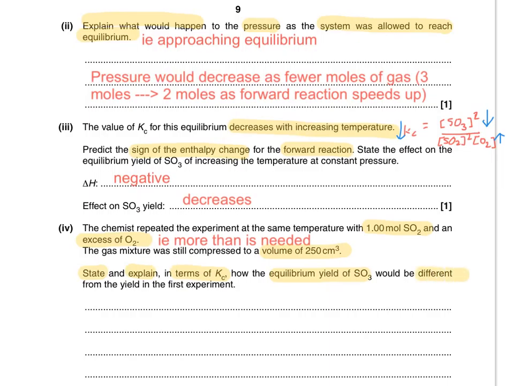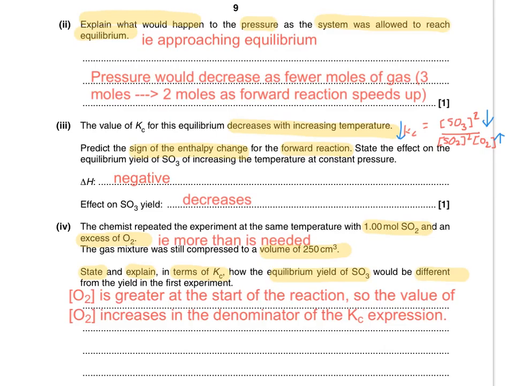So to start off, you need to talk about the oxygen concentration because it's obviously changed. So because the oxygen is in excess, its concentration is greater at the start. So the value of oxygen increases within the denominator part of the Kc expression, which is this bit here.